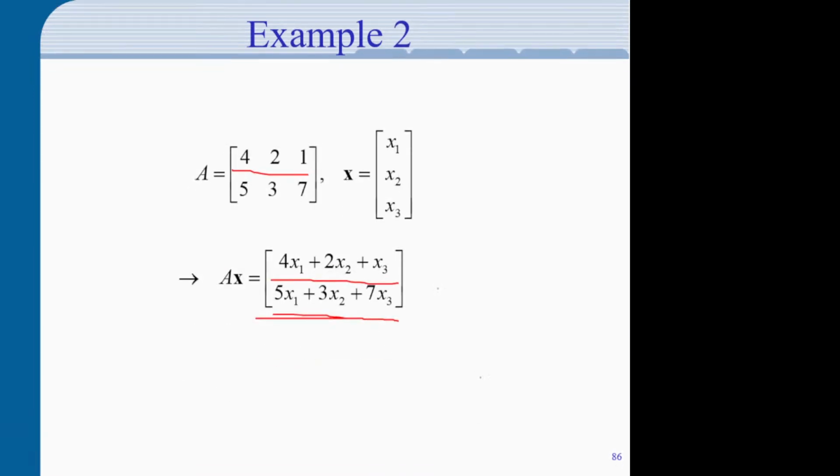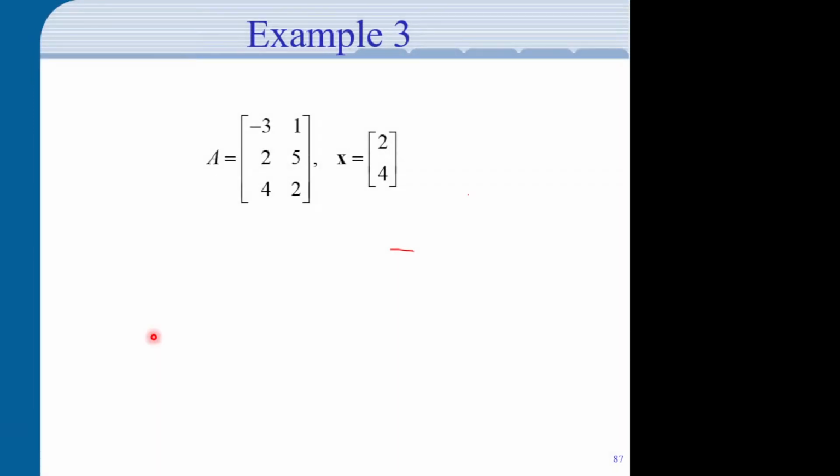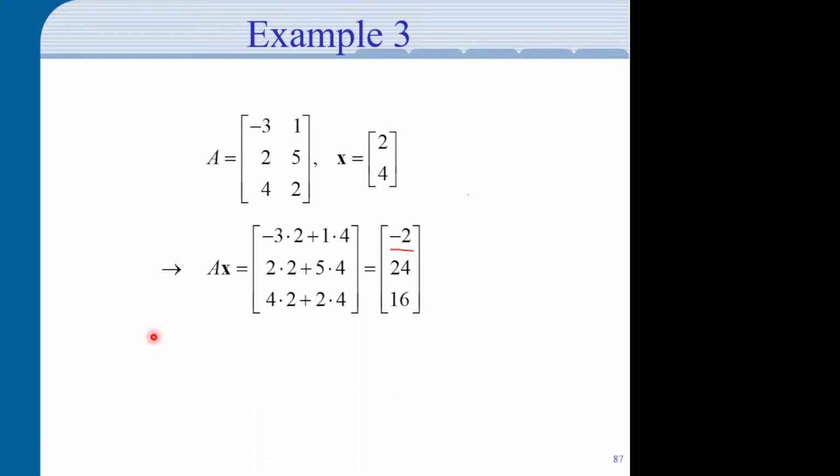Okay, and then another example, more like matrix multiplication. Now instead of unknowns in x we put actual numbers. Then A times x has 3 elements.